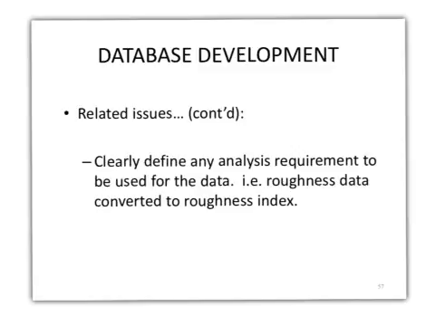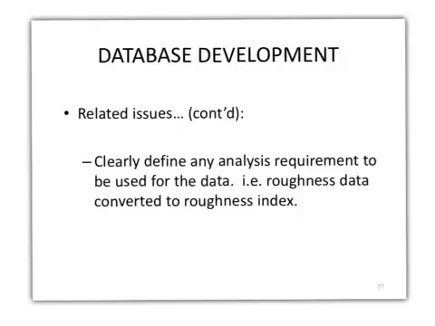Another related issue to system analysis, from the very beginning, you have to clearly define any analysis requirements to be used for the data. For example, the roughness data has to be converted to a roughness index. In so many states, we have been using different types of roughness indices, but now there is the ASTM standard to measure the IRI, the International Roughness Index.